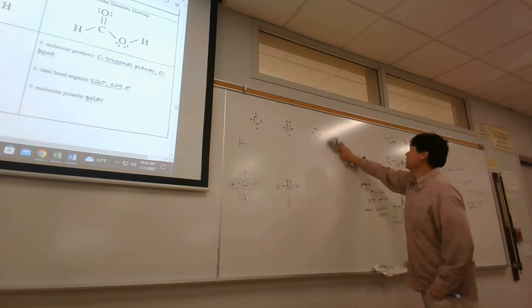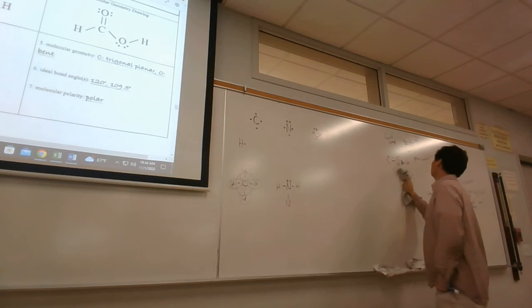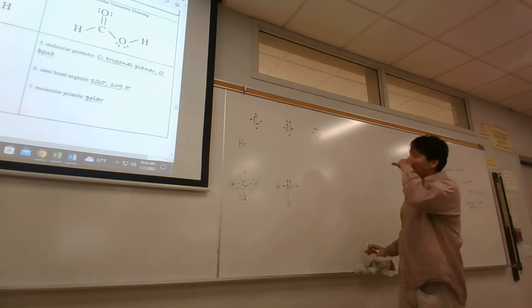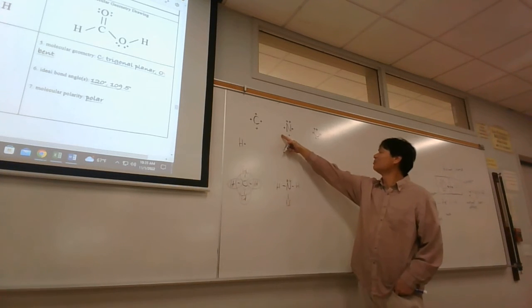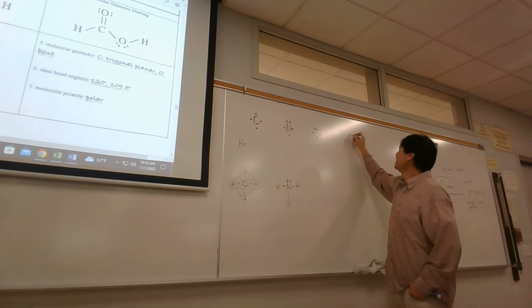We can do some simple ones. For example, carbon and oxygen can form carbon monoxide and carbon dioxide.